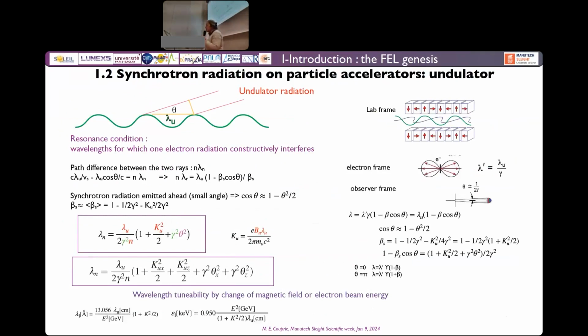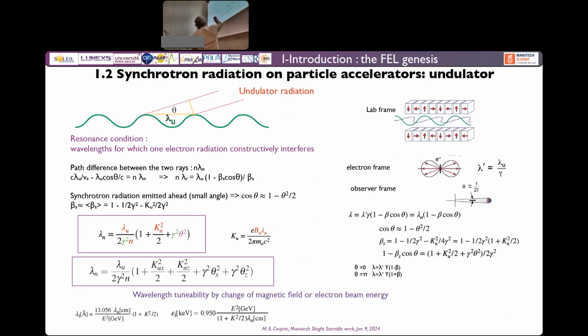About the radiation, we have this sinusoidal trajectory in the horizontal plane for a planar undulator, and we have the emission of synchrotron radiation at each curvature of the trajectory. So we can have a resonance condition for the wavelengths for which the radiation from one electron constructively interferes. I write that the path difference between the two rays equals n lambda, where n is an integer.